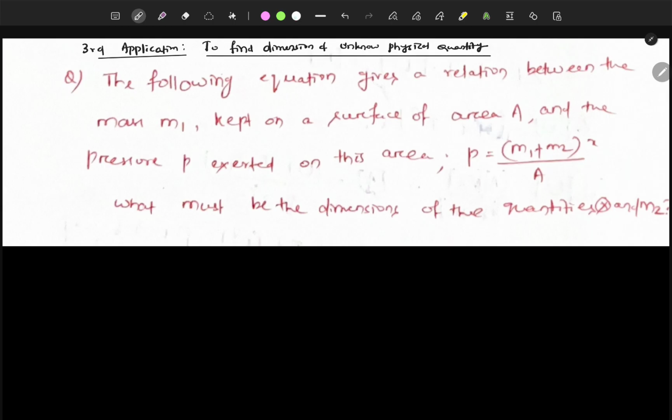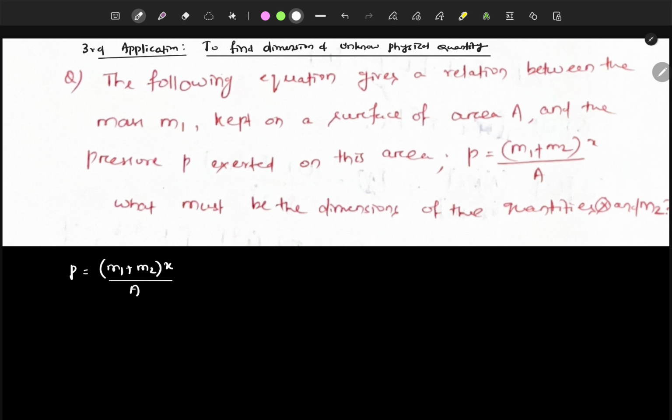According to the question, the following equation gives a relation between the mass m1 kept on a surface of area A and the pressure P exerted on this area: P is equal to (m1 plus m2) into x divided by A. Here P is pressure, m1 is mass, and A is area.